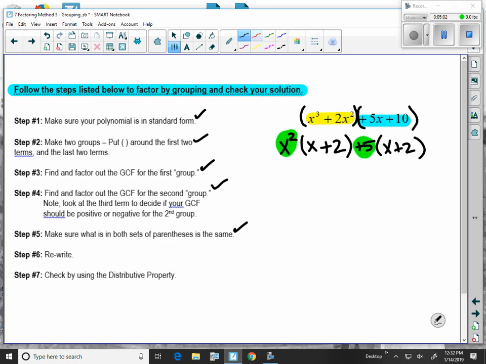Do you see it? We're going to take those two pieces that don't have a pair, and we're going to put them together. So we have x squared plus 5 as one of our parentheses, because we took the two outsides and put them together. Tracking on that? Yes. And then our second set of parentheses is the x plus 2. We only write it one time.